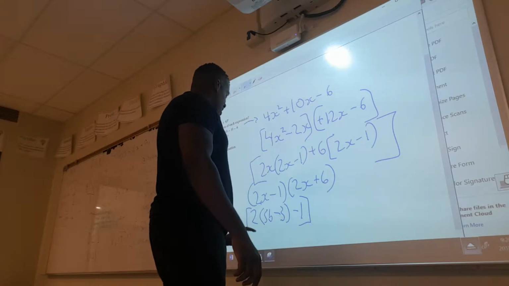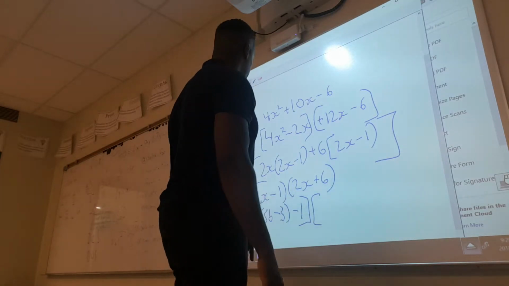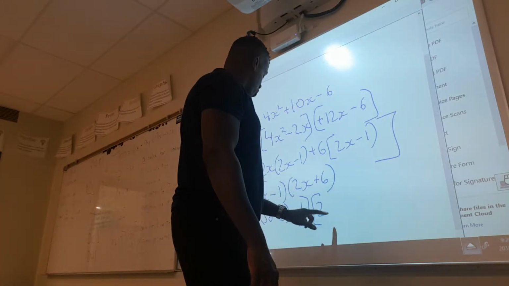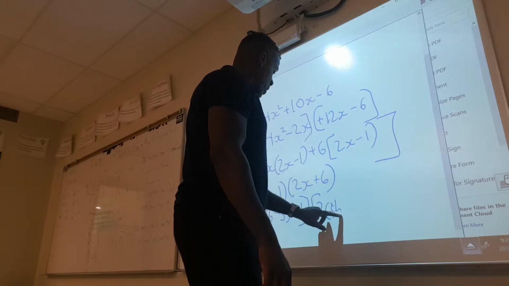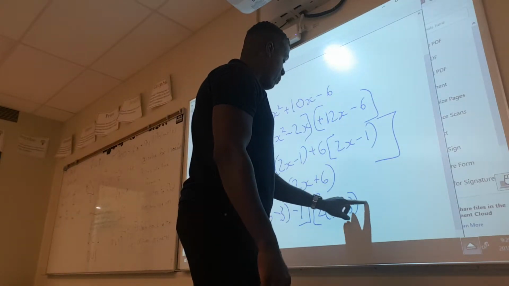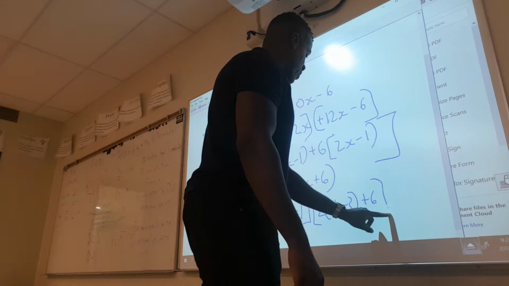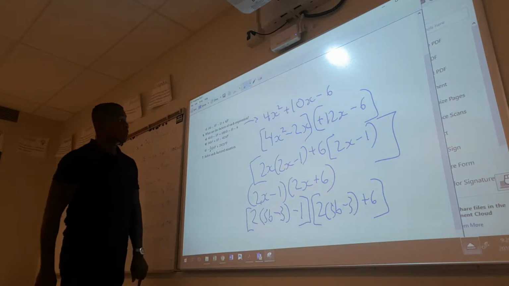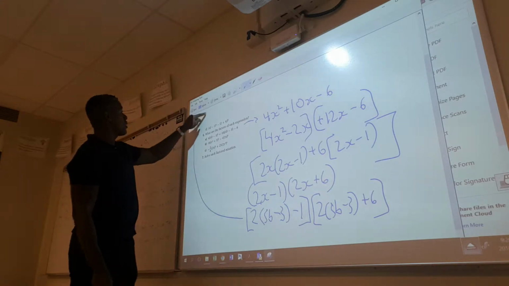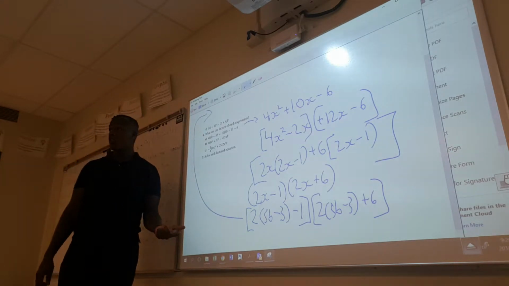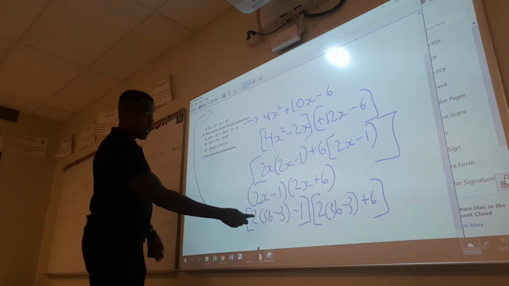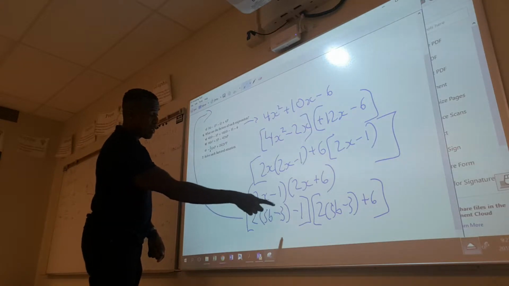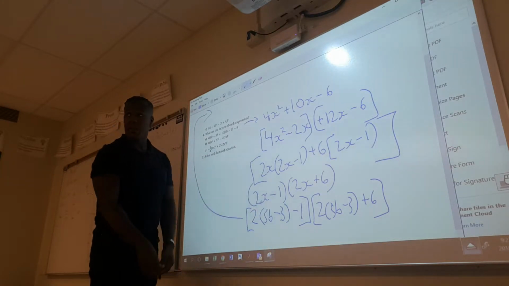So we make sure that that stays in its bracket. And then over here, we're also going to have 2 times 5b minus 3, but this time plus 6, because that's what it's like on the other side. Now when I multiply in, I'm going to have 10b minus 6 minus 1.